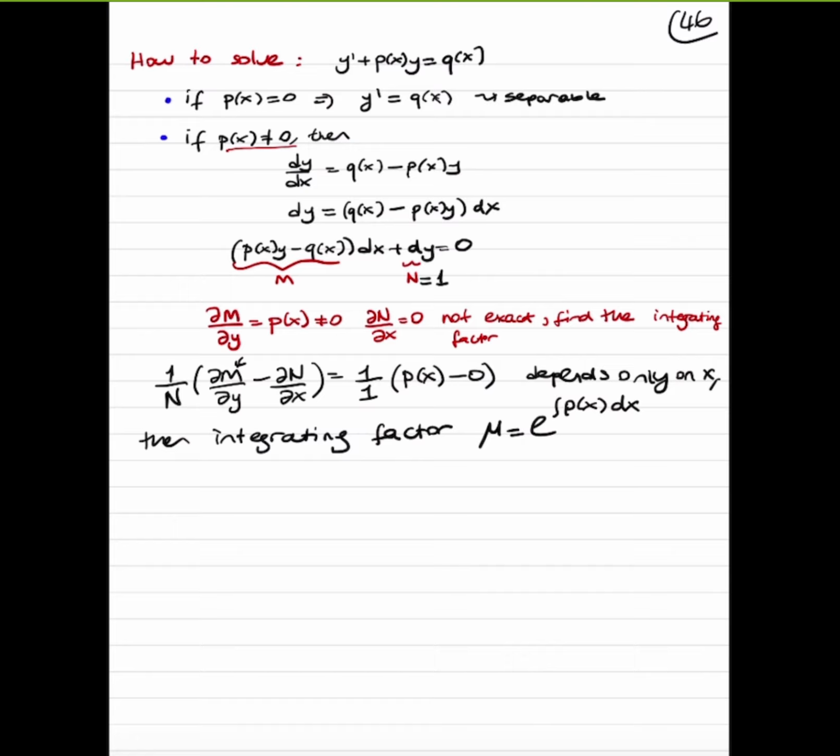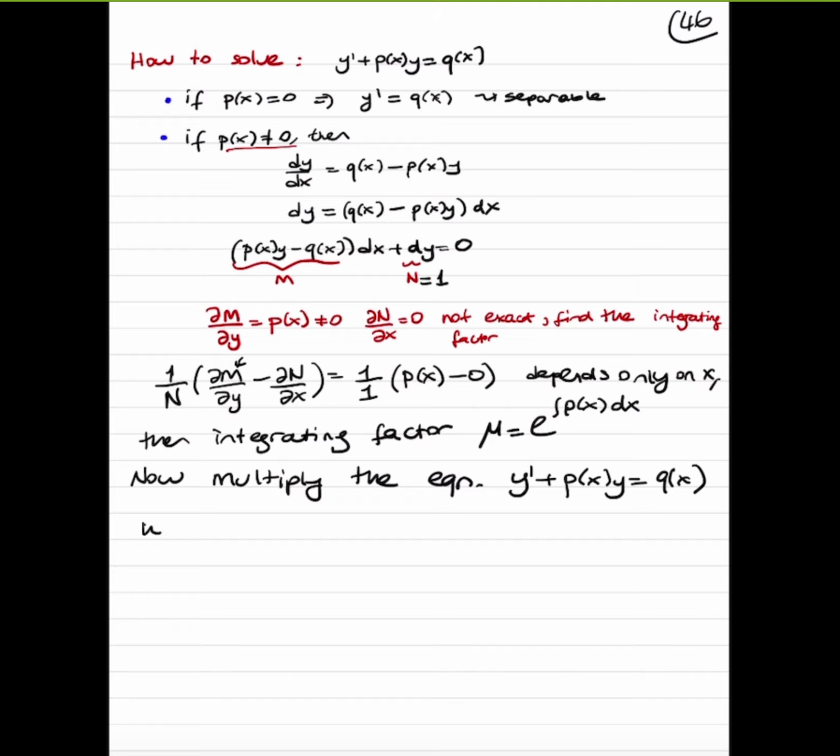Okay, now multiply the equation. Let's take this one: y prime plus p of x y is equal to q of x.